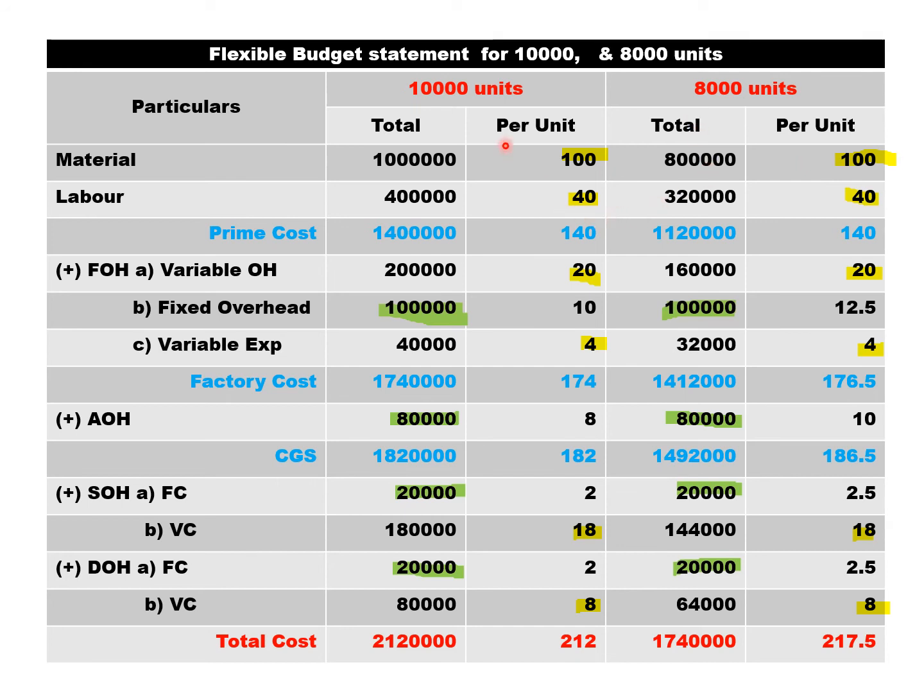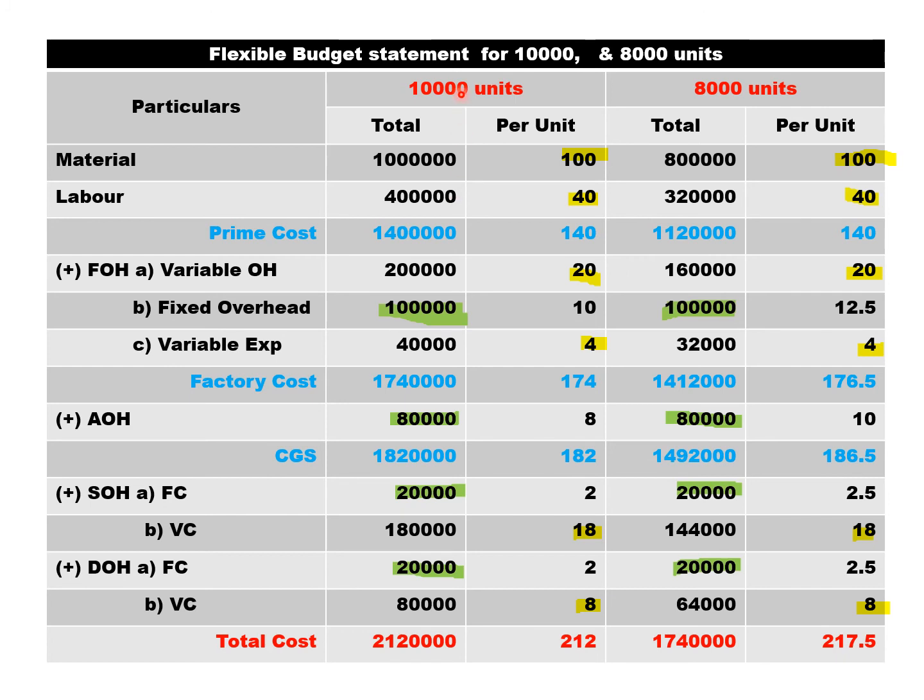Labor, 40 rupees into 10,000, you get 4 lakh. 40 rupees into 8,000, you get 3 lakh 20,000. So resulting answer will be prime cost. Next, add factory overheads. 20 rupee into 10,000, you get 2 lakh, and 20 rupee into 8,000, you get 1 lakh 60,000.